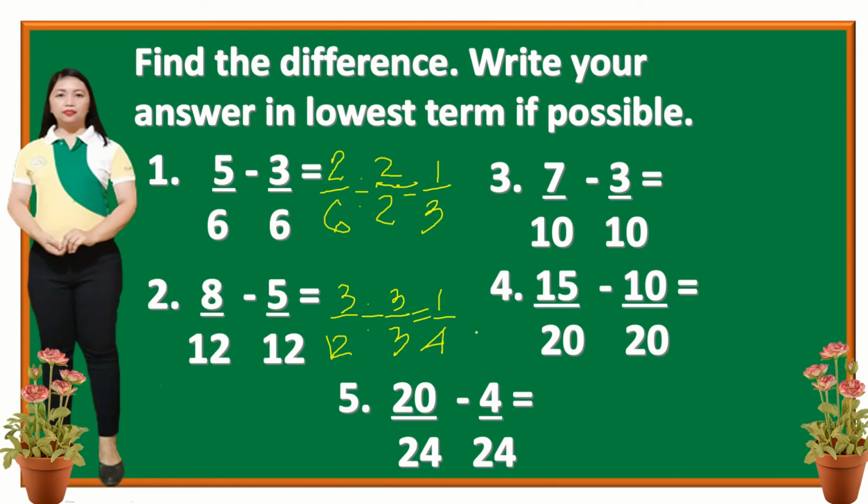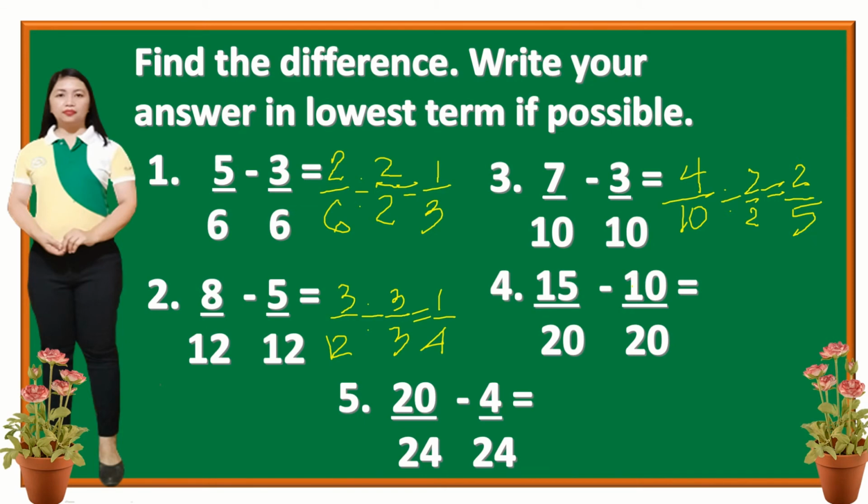Do you have the same answer? 7 minus 3 will be 4 over 10. Still, this is not in reduced form. We will reduce that by 2. What is 4 divided by 2? That would be 2. And 10 divided by 2 would be 5. So your answer now is 2/5.